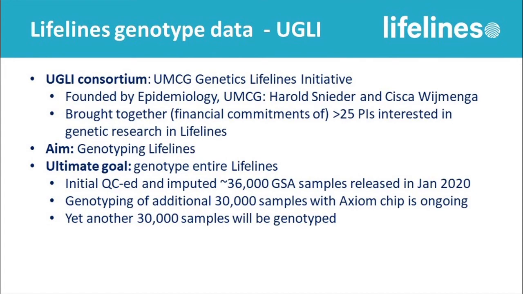Last year, in January, the data of 36,000 samples became available, and currently another 30,000 samples are being genotyped using the Axiom chip. Later this year, another 30,000 samples will also be genotyped, leaving us with a population of 96,000 genotyped samples within the UGLI.